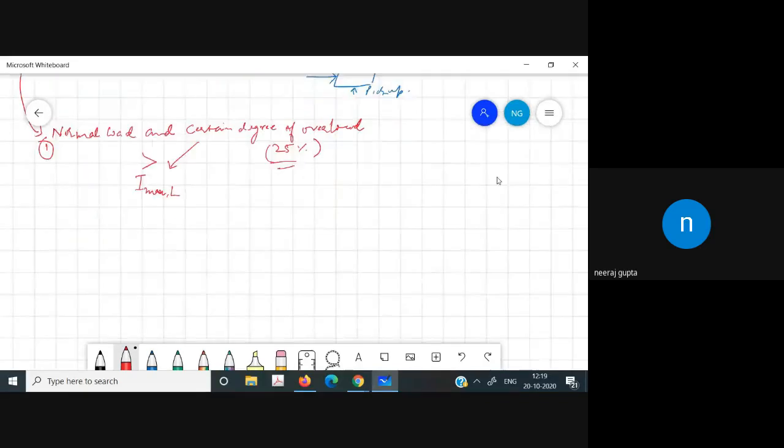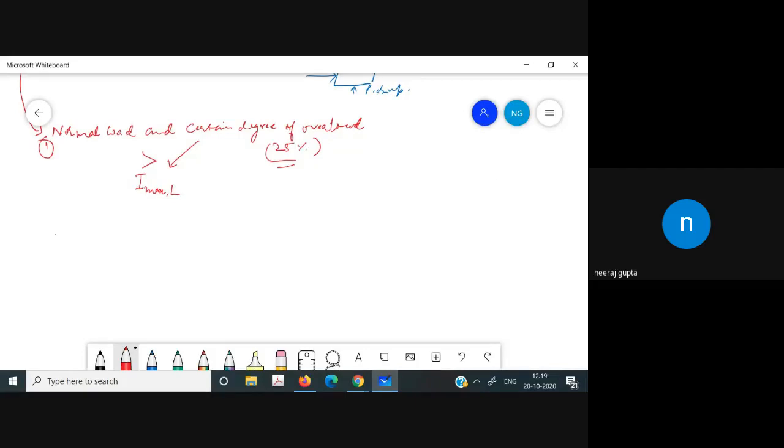Now, the second thing we have to take into consideration is that the relay should be sensitive enough to respond to the smallest fault.